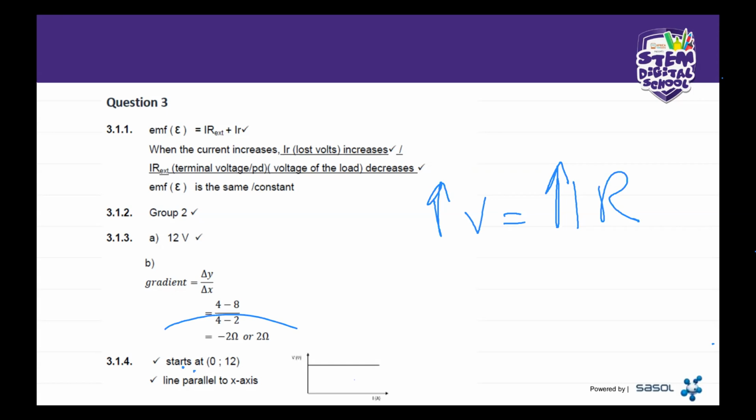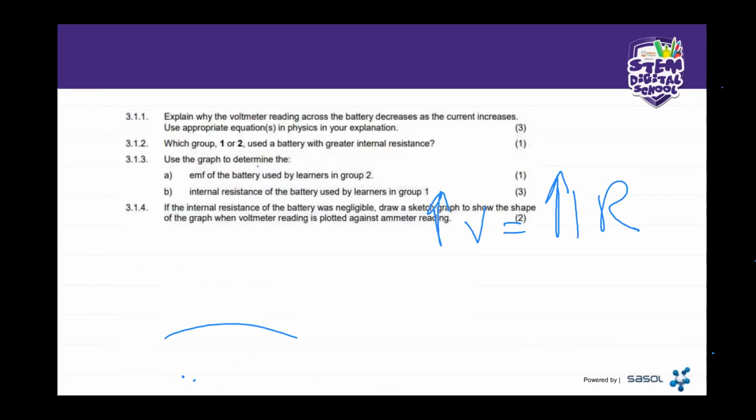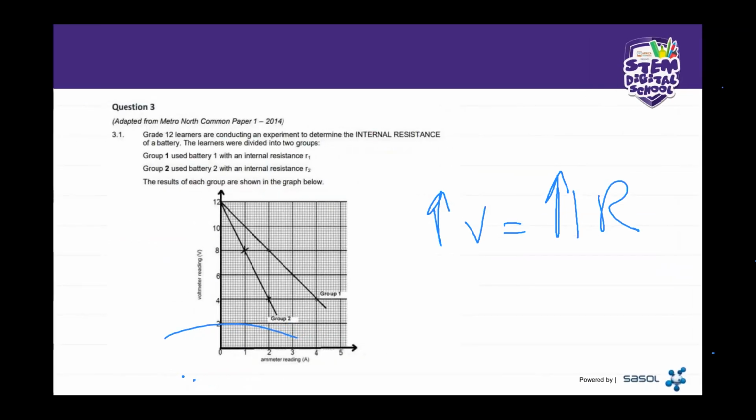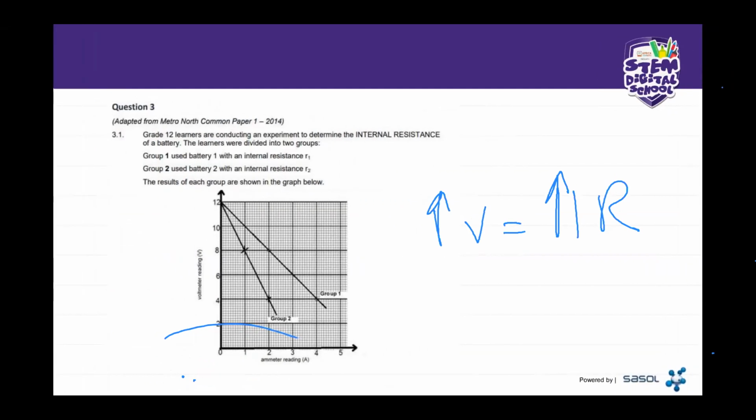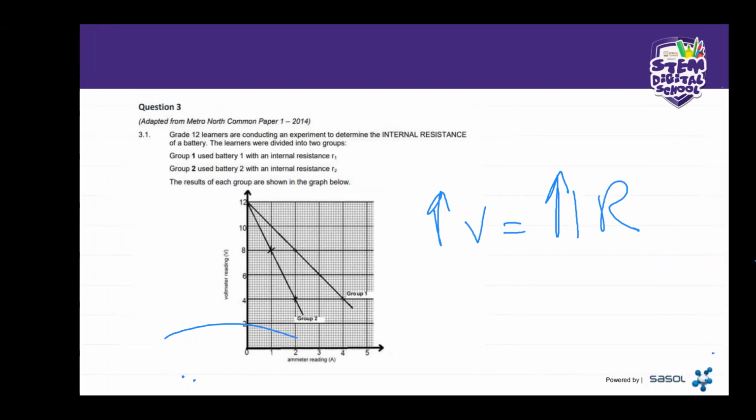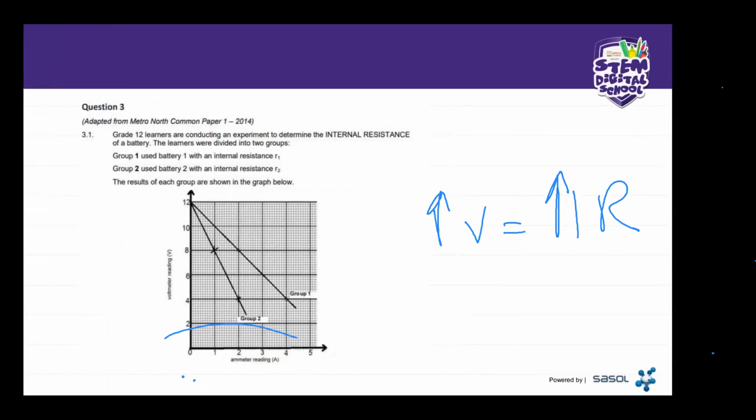Just trying to go back to that page. Yes, if you had to draw it like this, you can see there that the voltage there is constant as this increases, okay? So if you had to make this the subject of the formula, then you'd have a straight line because it would show that it's at constant voltage.